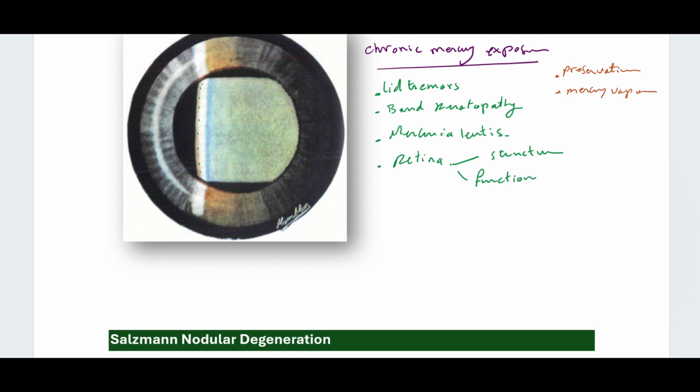So in structure, it reduces ganglion cell layer density, and in function, it reduces central vision, reduces retinal sensitivity, reduces contrast sensitivity, and it reduces color vision permanently, and it can cause what's called xanthopsia.